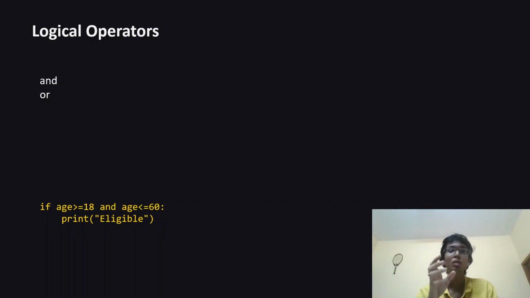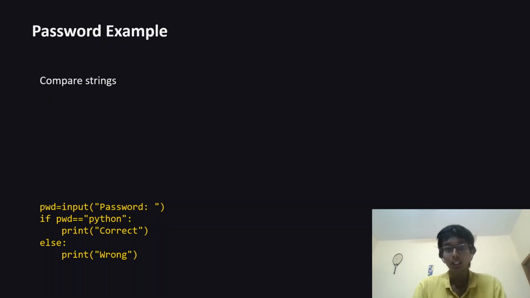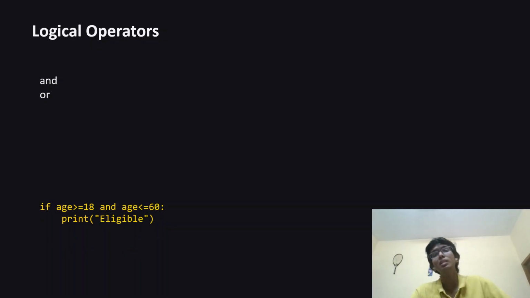And will only give true when both the conditions are true, and will give false when even a single condition is not met. And demands both conditions to be true for it to print true. Or, on the other hand, only needs a single condition to be true to print true, whereas it needs both conditions to be false for it to print false.